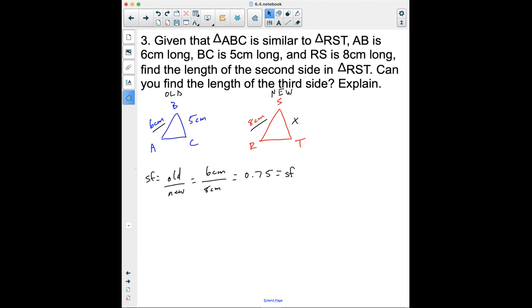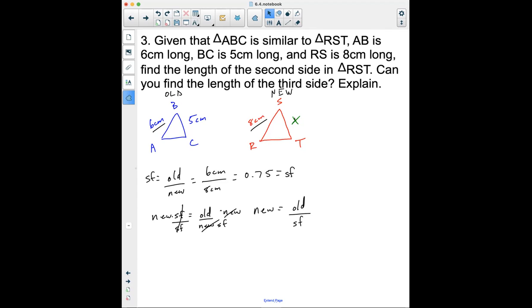So let's go ahead and do that. X, we'll call that one green, and that's going to be new. So we have to solve with a little bit of algebra. Scale factor is equal to old over new. Multiply both sides by new. Divide by scale factor. New equals old divided by scale factor.